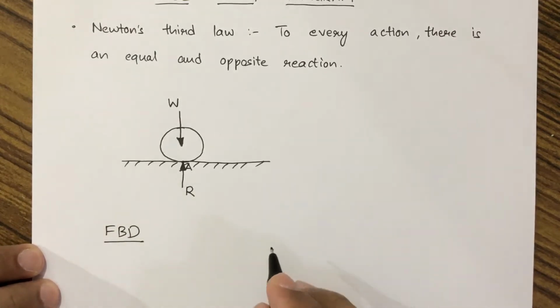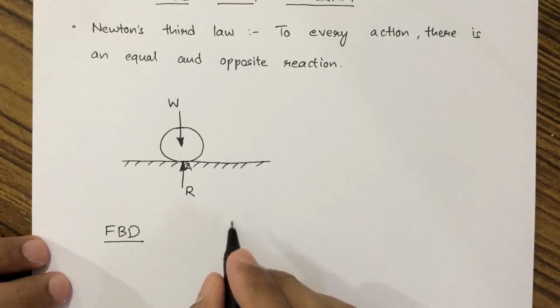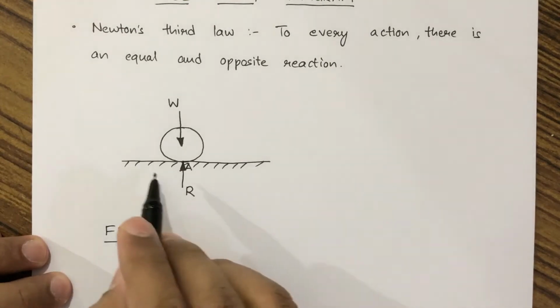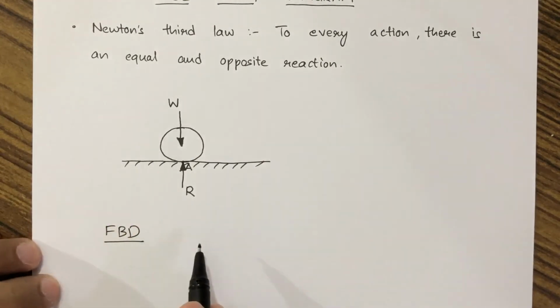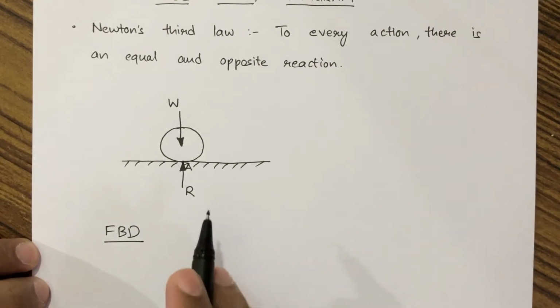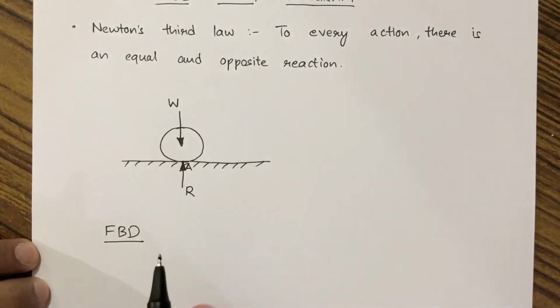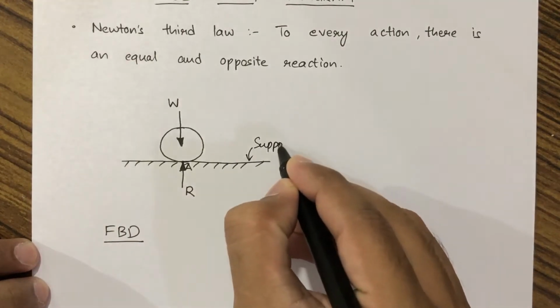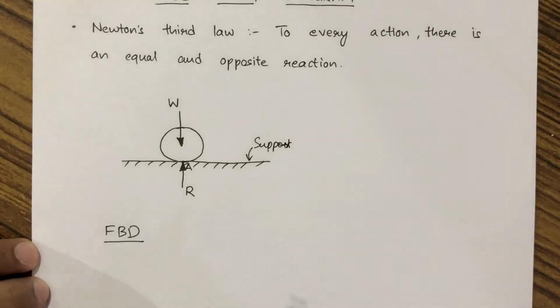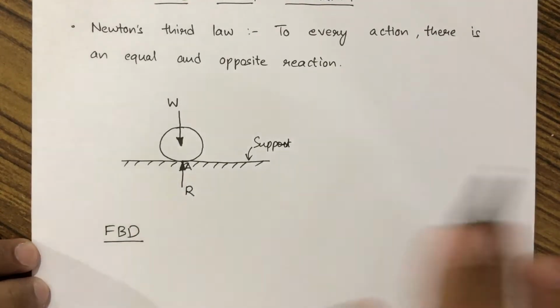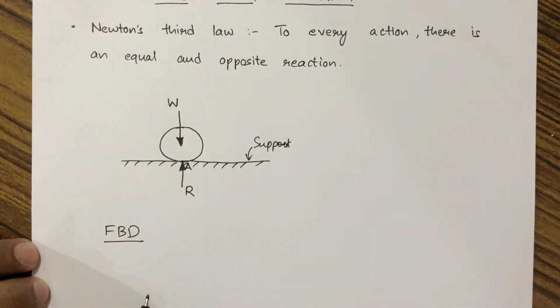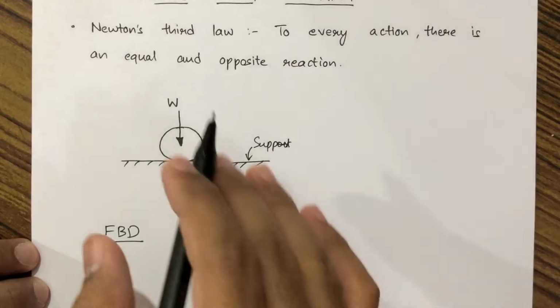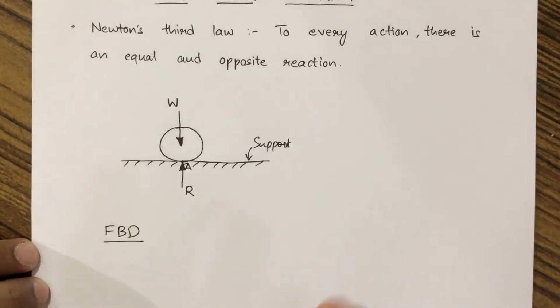Now consider the case of this ball. If you need to make the free body diagram of this ball, then the ball has to be completely isolated from its support. This is the support. So in the case of a free body diagram, the ball has to be completely isolated from its support and only the forces acting on the ball are shown.